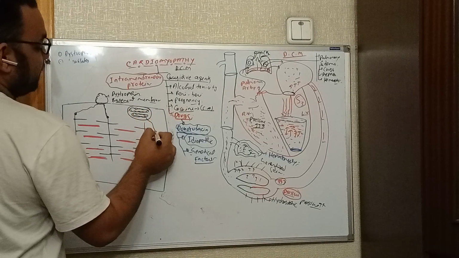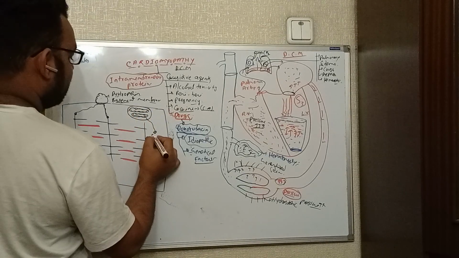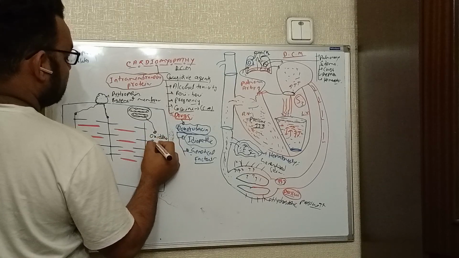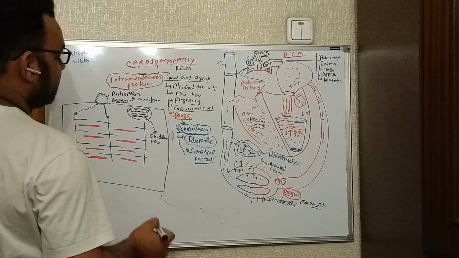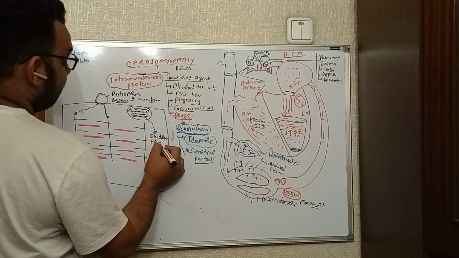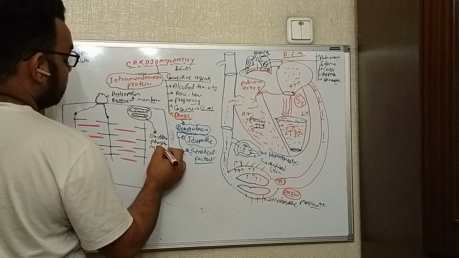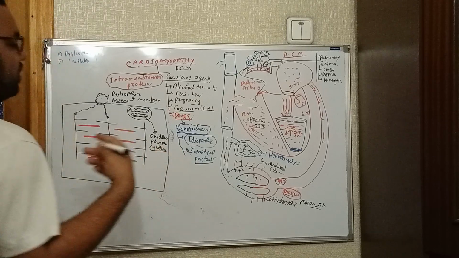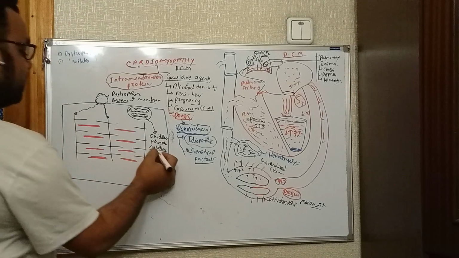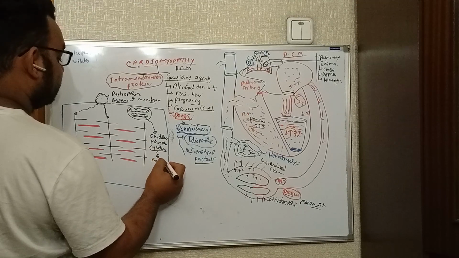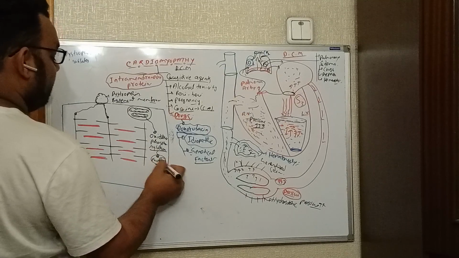Within the mitochondria there are some enzymes involved in oxidative phosphorylation. So if you see any type of mutation in those enzymes that are responsible for producing the ATP, there are also chances for what?